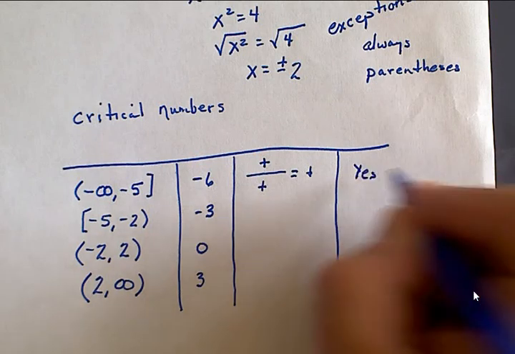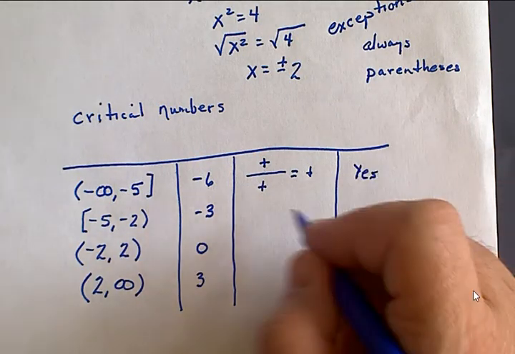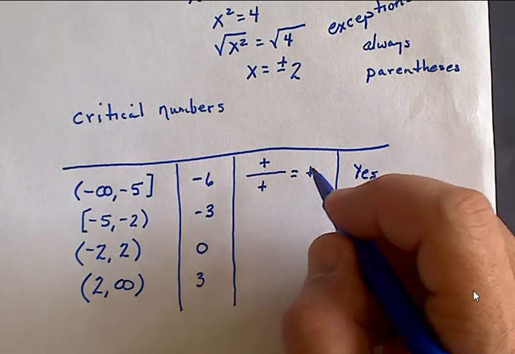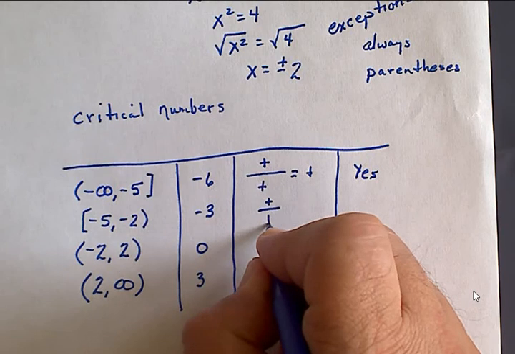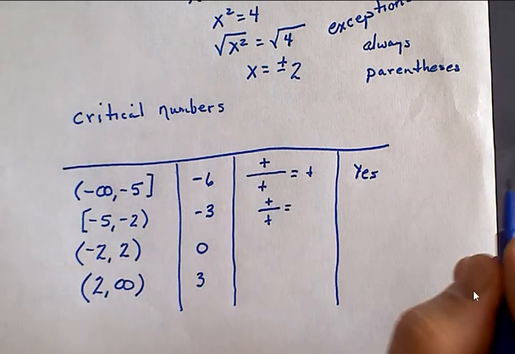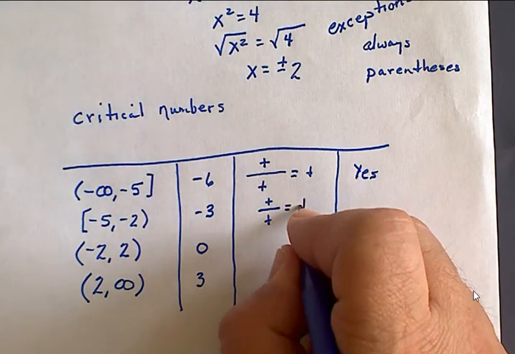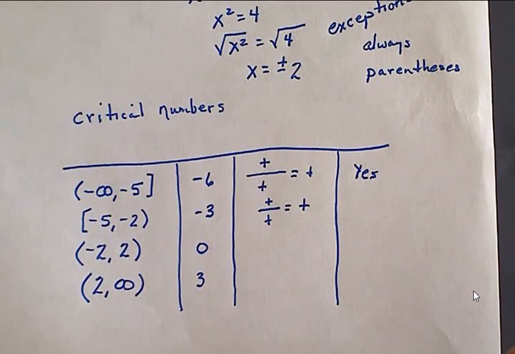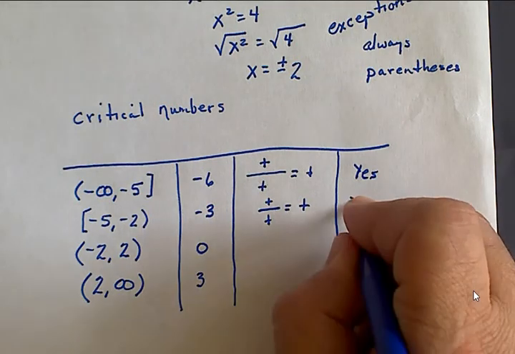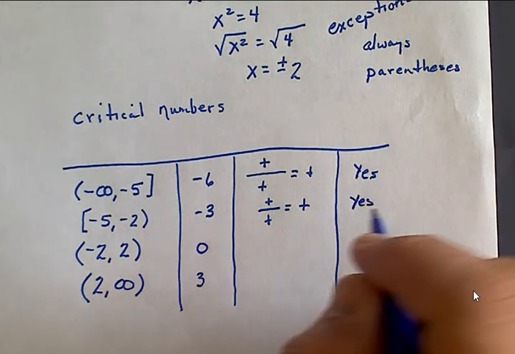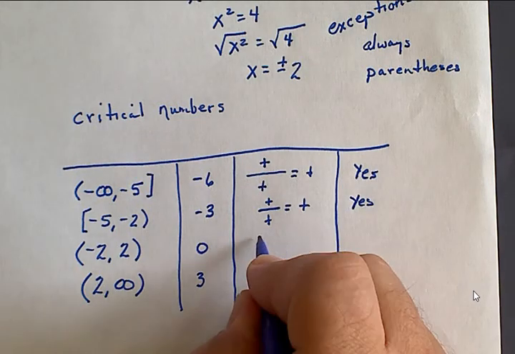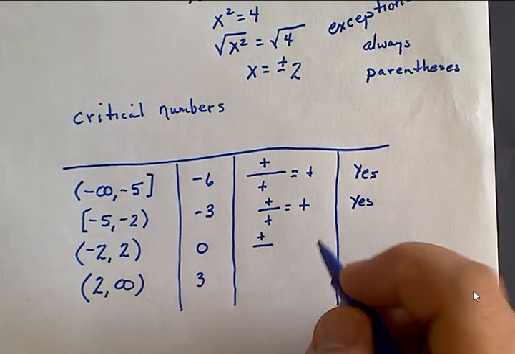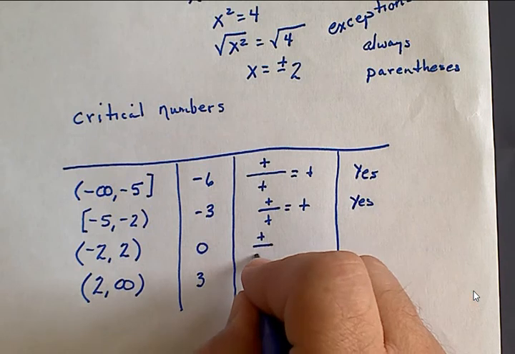When I plug in negative 3, negative 3 gives me positive over positive. Still yes. 0 will give me a positive on top, but 0 minus 4 is negative 4, so I get a negative in the bottom.